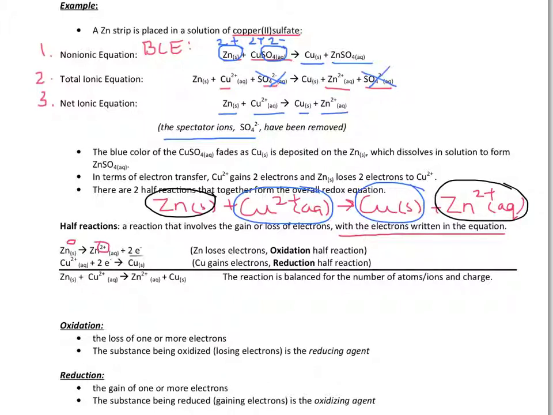Therefore, we need to add electrons to the same side as the 2 positive, and we need to make the 2 positive go back down to 0 to match the reactant side. So I need to add 2 electrons because 2 positive and 2 negative make 0, which is exactly what's on the reactant side.